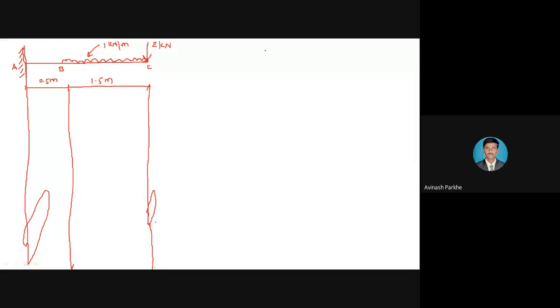Summation of Fv, summation of vertical forces, is equal to 0. How many forces are present? Here, as we know, the fixed support has two reactions, one vertical reaction and another horizontal reaction, and that fixed support is also subjected to a moment. But we need not take the horizontal reaction, only the vertical reaction. So here the reaction at point A, because the fixed support is there, will be considered as RA.